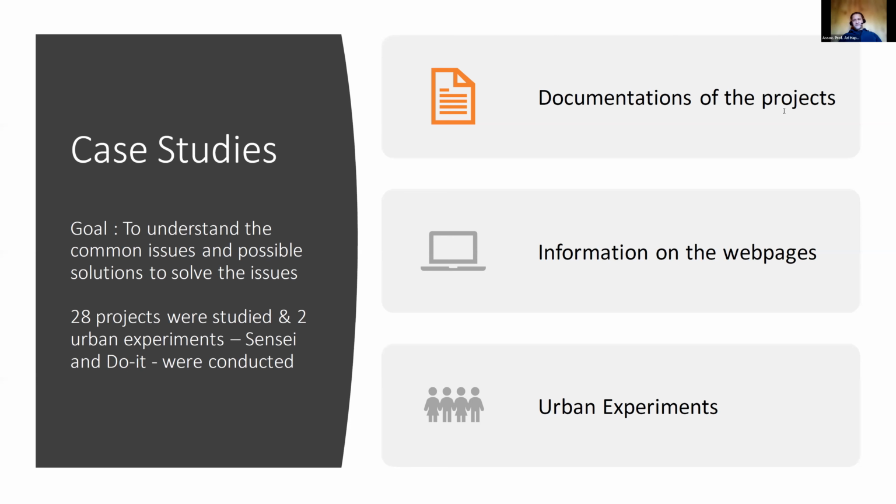From these, you get the documentation of the projects, which gives hints about what went well and what didn't. Of course, you can go through information on web pages, but usually that's more superficial. In the context of urban experiments, you get the most contribution, in the sense that you get this below-the-surface experience knowledge from people who have been part of these things.